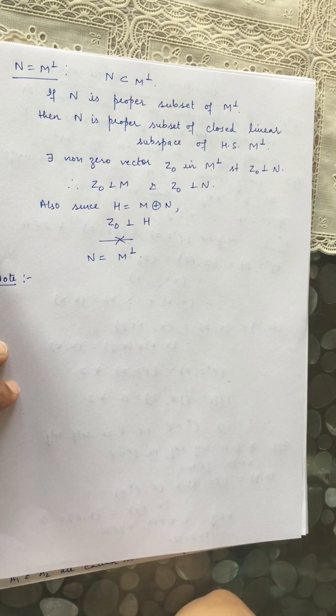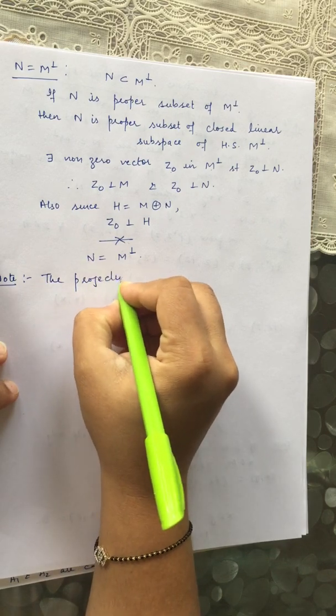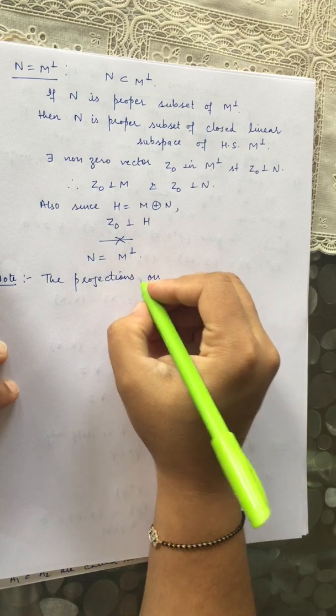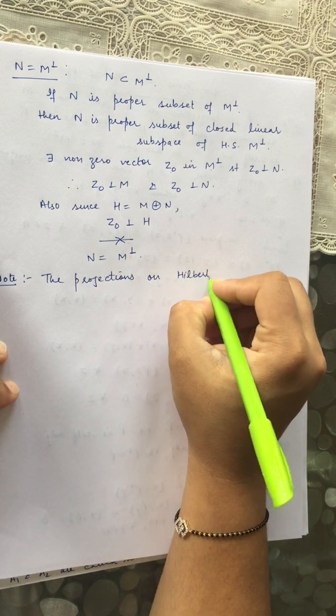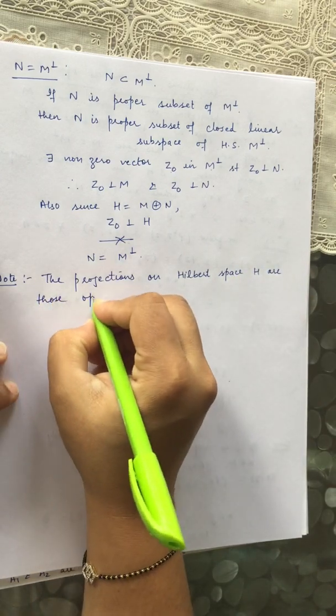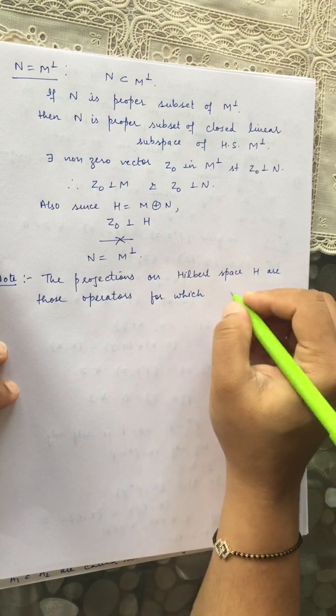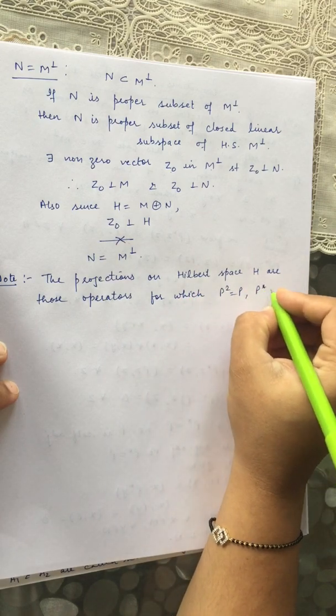That means a projection on a Hilbert space can be defined in this manner: a projection on a Hilbert space is an operator which is idempotent and which is self-adjoint, which means it satisfies the property P square is equal to P as well as P star is equal to P. So we will consider the projections on Hilbert space H as those operators for which P square is equal to P and P star is equal to P.